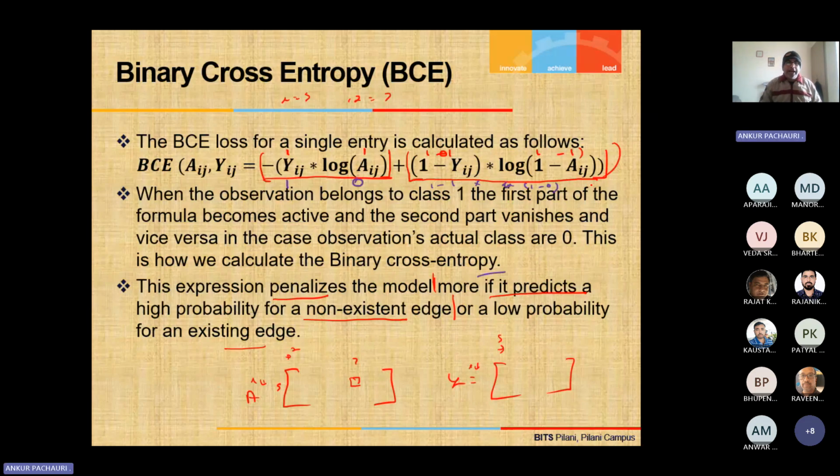So if Yij equals 1, then Yij times log Aij will be a non-zero value, and 1 minus Yij is 1 minus 1, so the second term will be 0 times log(1 minus Aij).